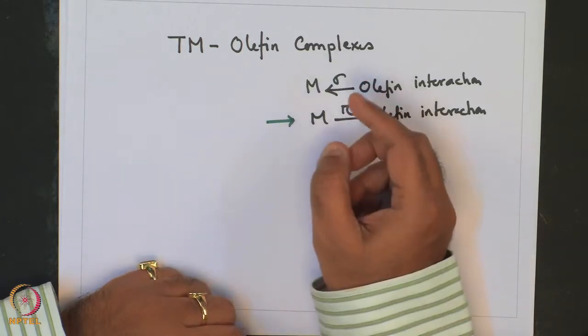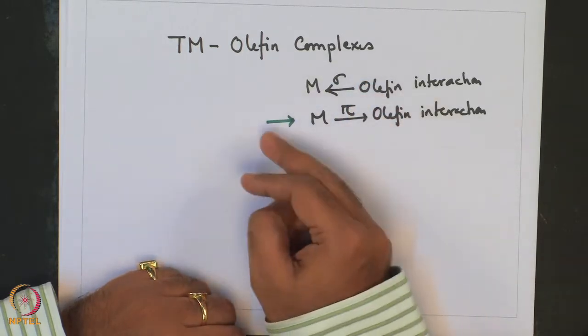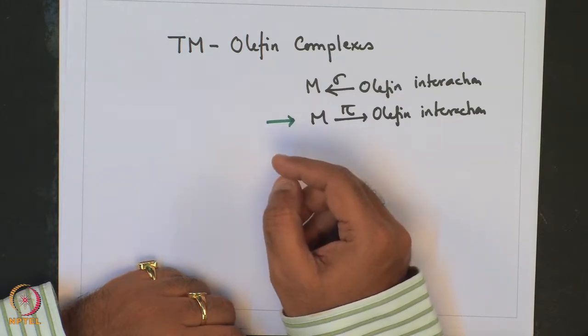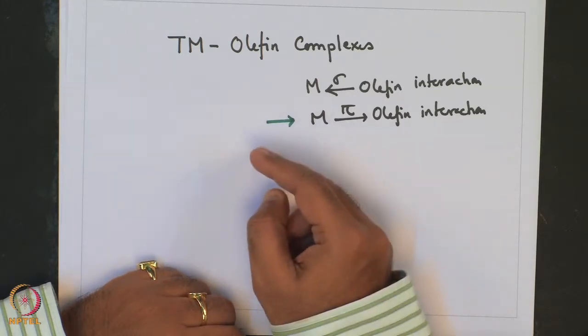It is significant in two respects. One is that most of the transition metal olefin complexes that have been isolated are of late transition metals, which means that the metal has enough electron density to partake in metal to ligand pi back donation.